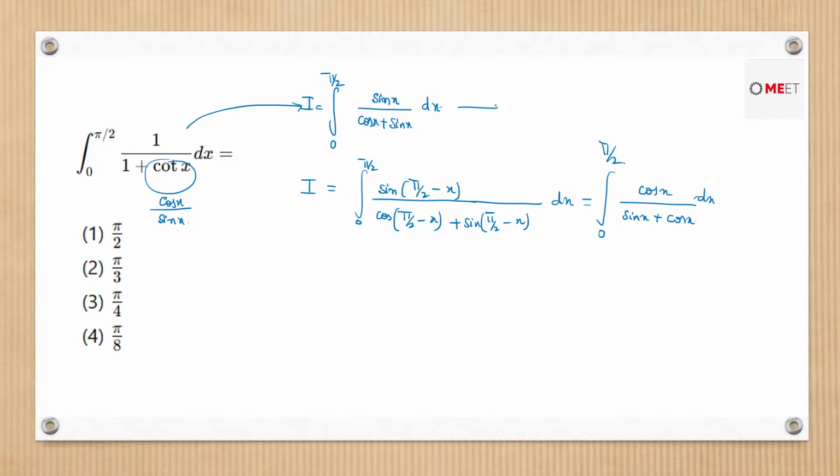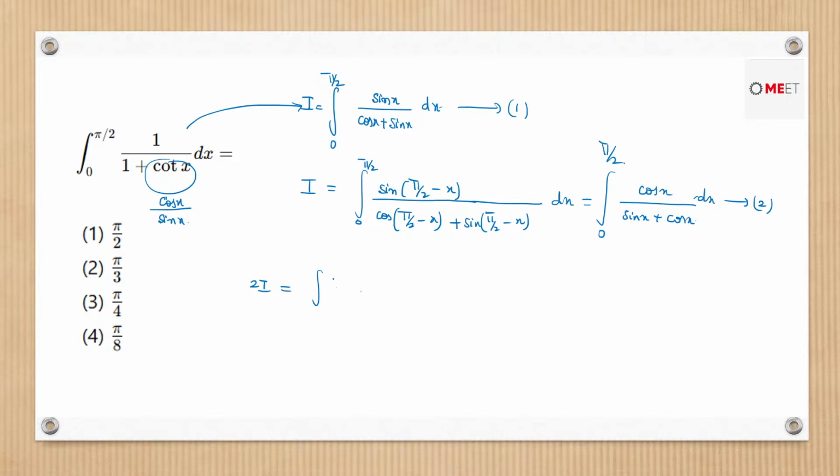If we add these two terms, that is 1 plus 2, 2I is equal to sin x plus cos x divided by, the denominator is same in both the cases, integral dx. If we add up both the quantities, it becomes 1 as the numerator and denominator are same.